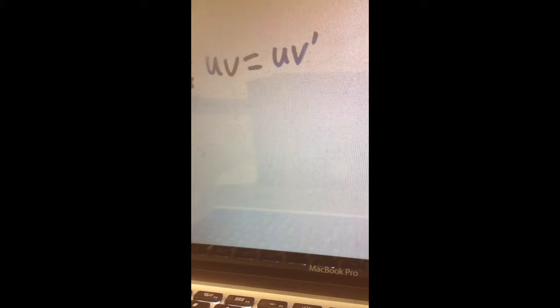What next? Plus v times u prime. We're not going to have to put dv dx and then du dx. So we're not doing a lot of integration. Yeah, I'm combining them both. I'm combining Leibniz with Newton's.